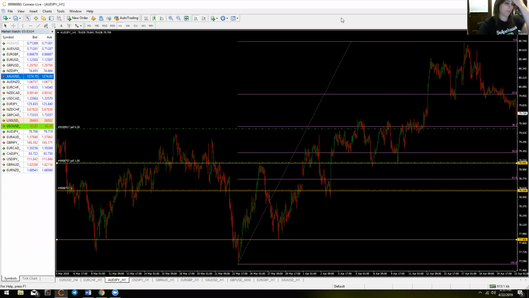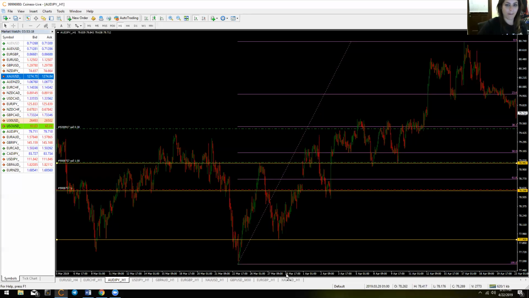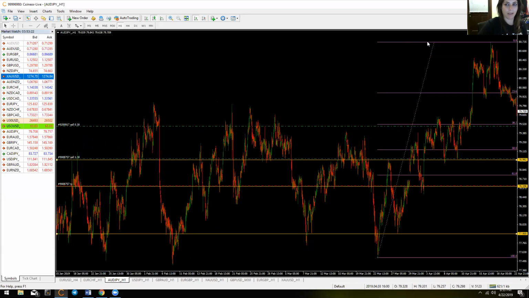And then what B. Burrell does, and which I do, is I do it from the low to the high. You have to find a major, it needs to be at a major support and resistance. Like this is at a major resistance, support. And up here, it's at a resistance, right?